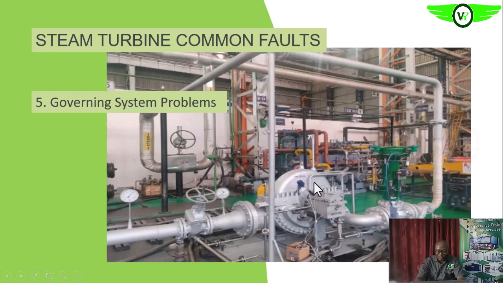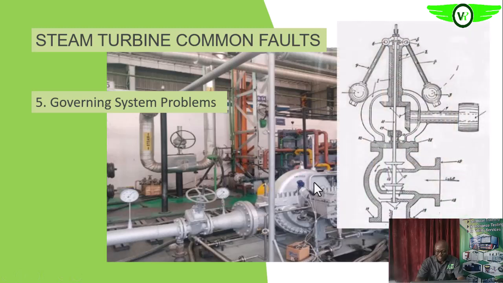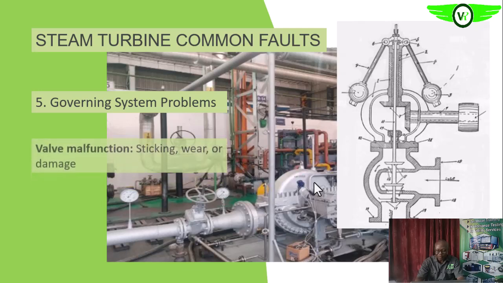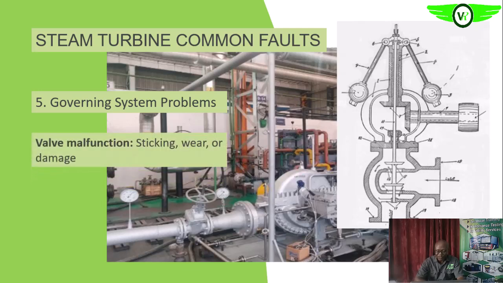So what are some of the common problems associated with the operations of the governor? One is valve malfunction. Remember, earlier we described that the shaft of the turbine itself, the rotor, is connected to the governor by a linkage system. So the governor is looking at the speed of the steam turbine to regulate the operations of this valve.